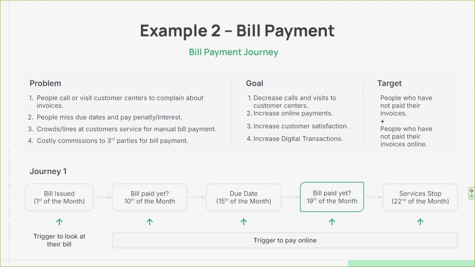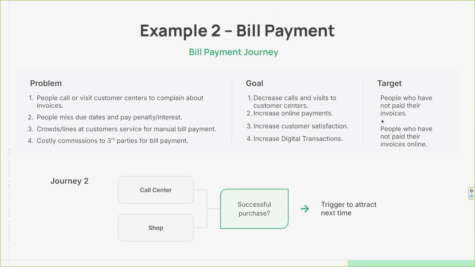How did it start from the bill issued? How did it end when the bill is paid or service is stopped? So each of these things, I need to plan in between what they will live through, where I should inform them about these, and keep an eye on how satisfied they are with this process.